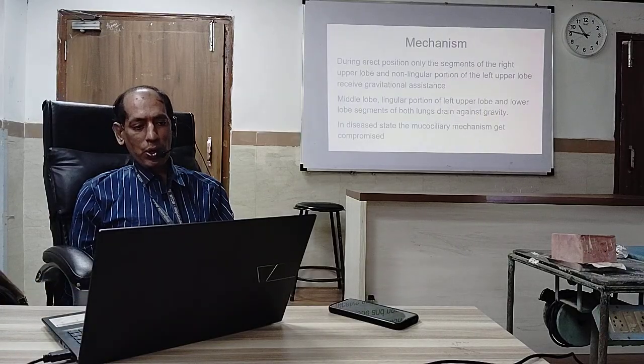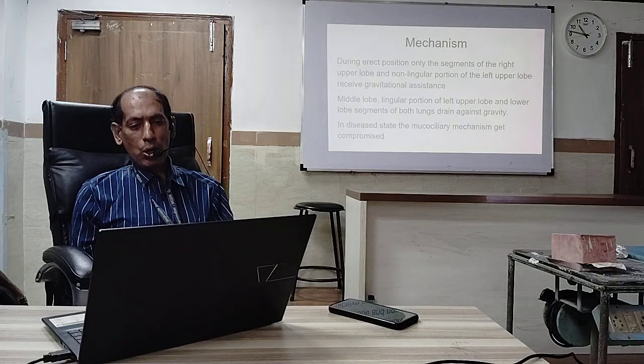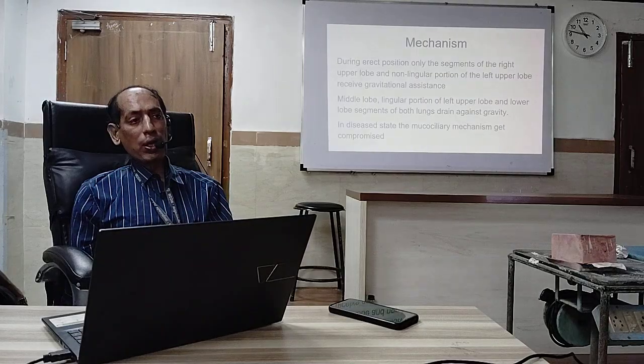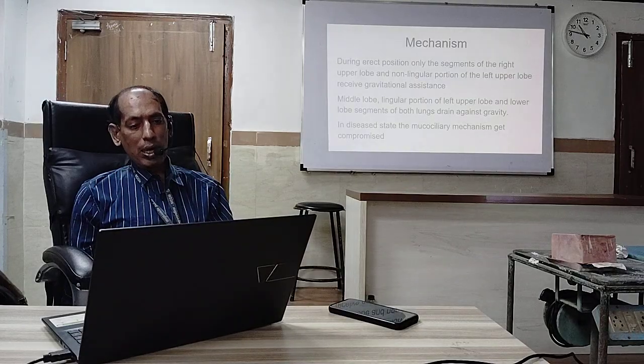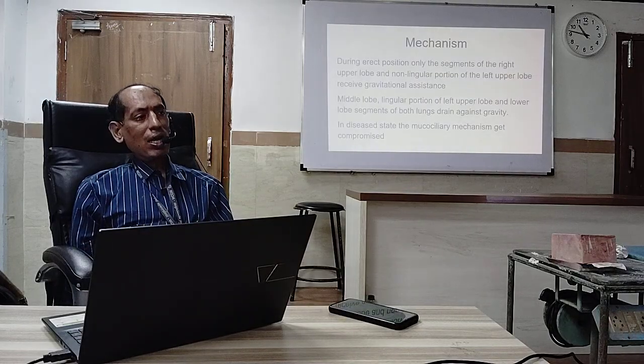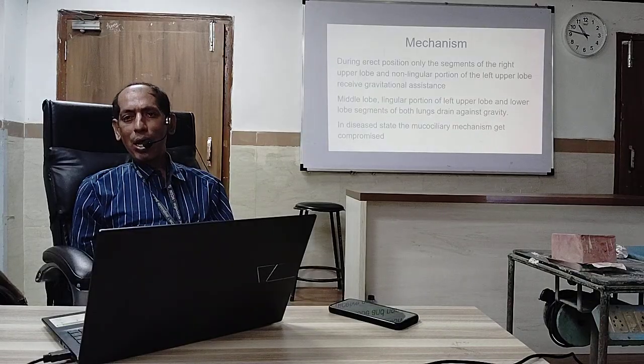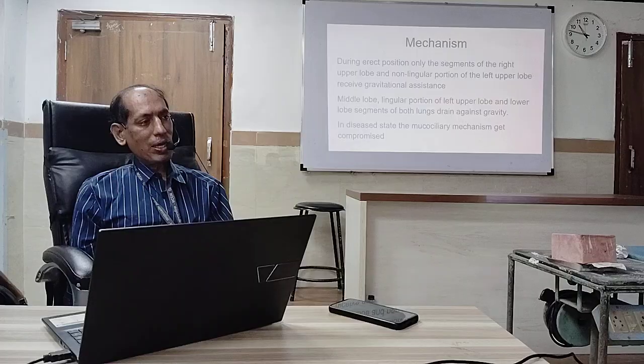Mechanism. During erect position, only the segments of the right upper lobe and left upper lobe, excluding the lingula, receive gravitational assistance. The upper part will gravitate down, which is normal and easy for them.